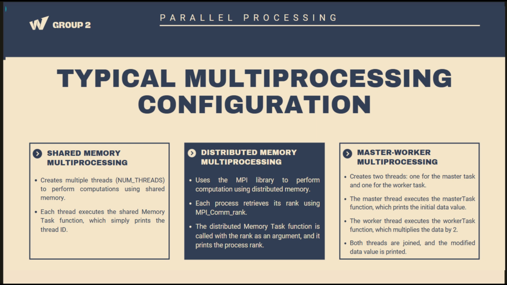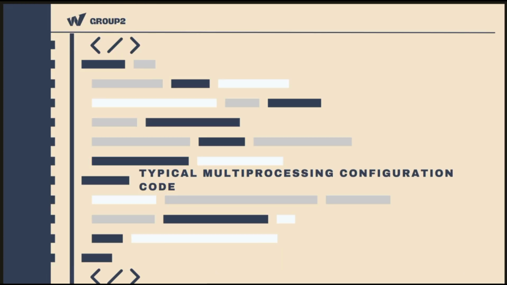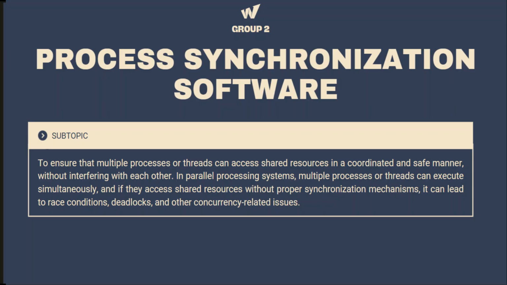Moving on to the next one, the typical multiprocessing configuration code. So what is process synchronization software? It ensures that multiple processes or threads can access shared resources in a coordinated and safe manner without interfering with each other.